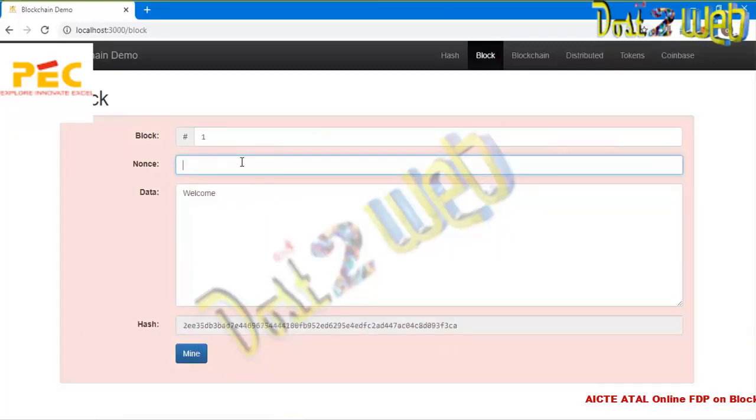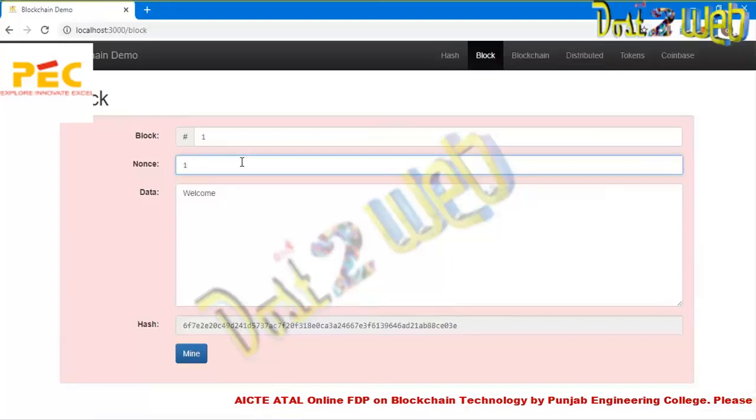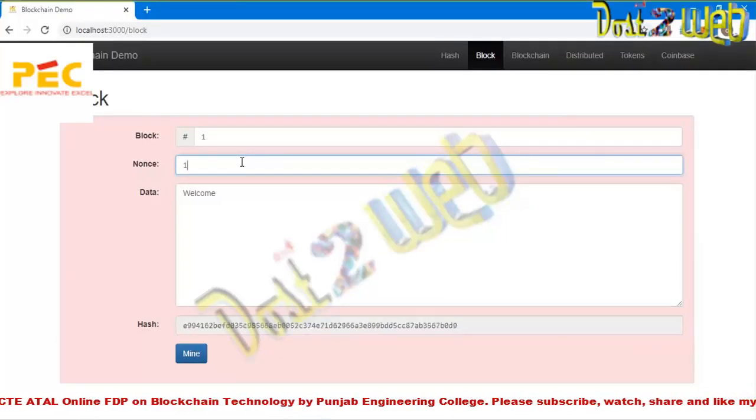Let's see it manually. Suppose we have this data. The system will randomly check the nonce, like we put 1. The system will randomly put the nonce, add it to the data, and the corresponding hash will be generated. Next, as the mining difficulty is not achieved, it will check again.